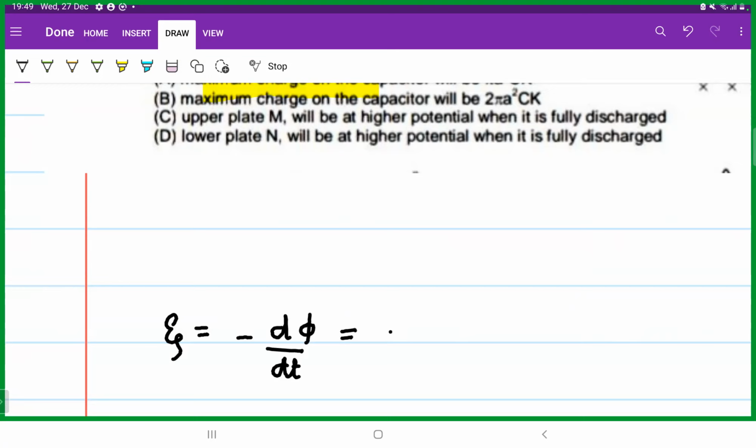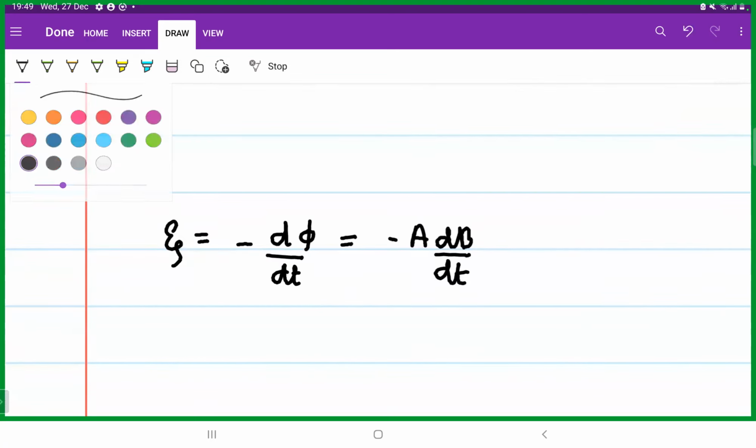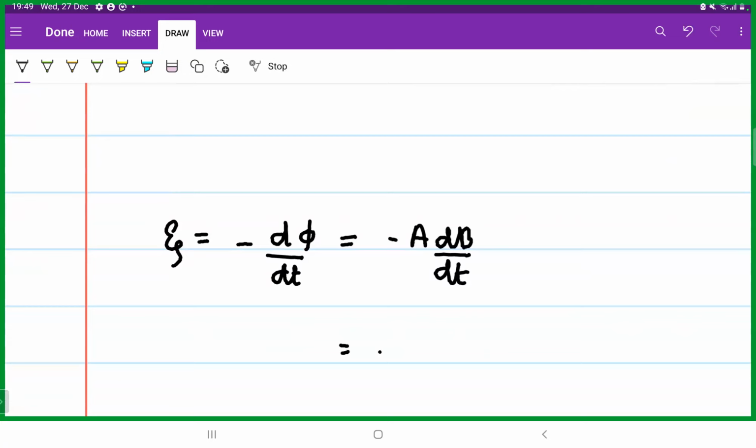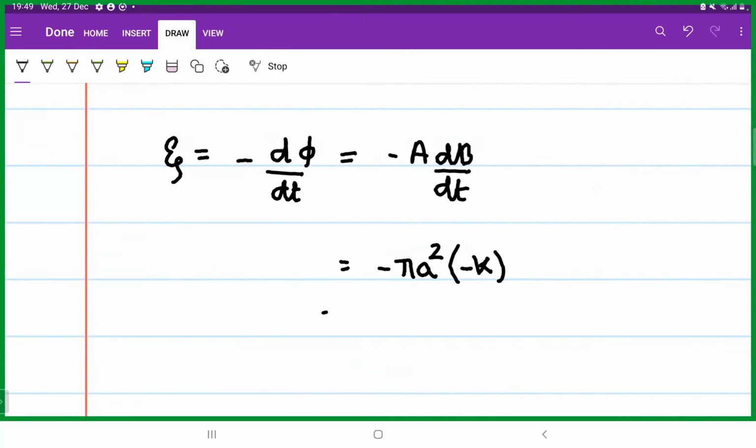So we can write this as minus A dB/dt because area will remain constant. So this will be minus πa² dB/dt, and dB/dt, given in the question, is minus k. So the EMF which will be induced in the loop will be this.